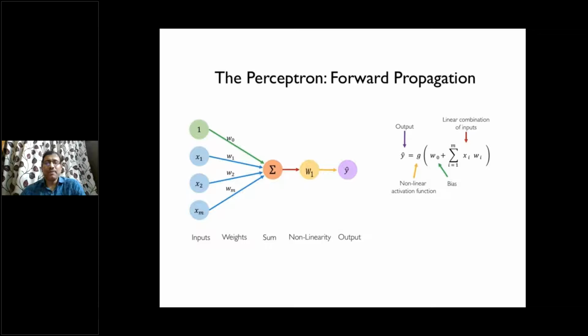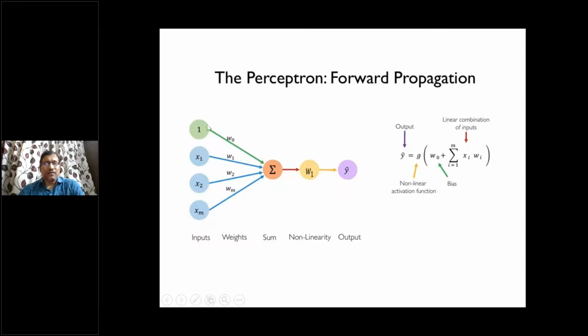You also have the weights, which are W0 to Wm, and this is completely summed here, and the equation is given here. So I have the xi's, which are my input, and the wi's, which will be decided by me or by the model, and they get multiplied. There is a particular input, which is 1, and the weight corresponding to this is W0, which is a special weight and a special input.